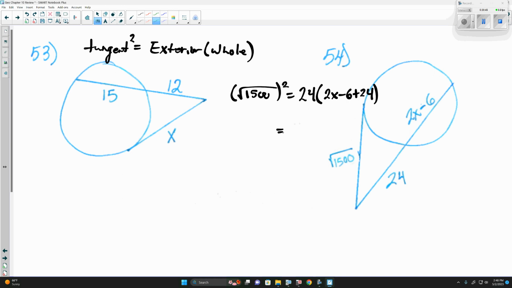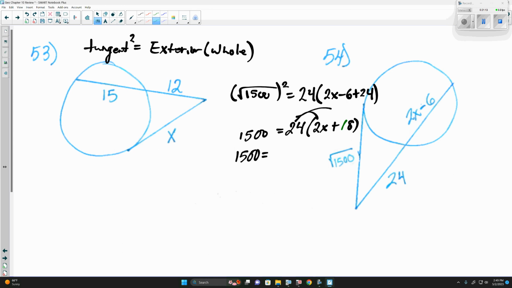Now in 54, we need to take the square root of 1500 squared, it cancels out, it's just 1500. On the other side, we can simplify first, because negative 6 plus 24 is going to be plus 18.